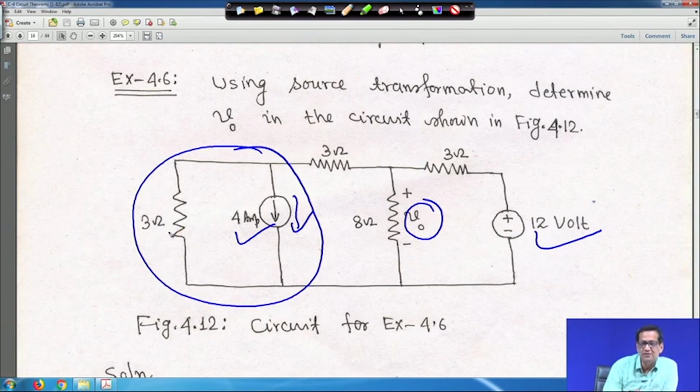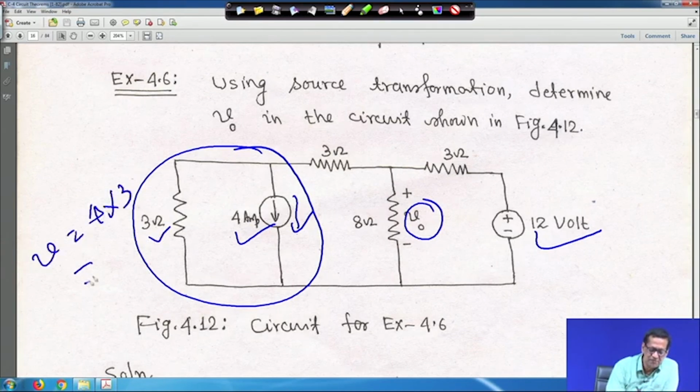If you convert it into a voltage source and resistance in series, the 3 ohm resistance is in series, then V is equal to 4 into 3, that is 12 volt, and this will be the equivalent voltage. We are transforming only this portion from current source to voltage source.